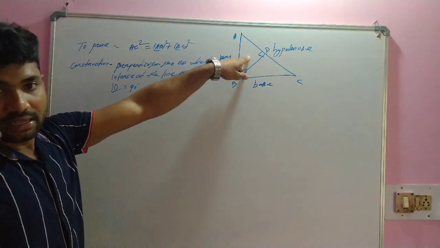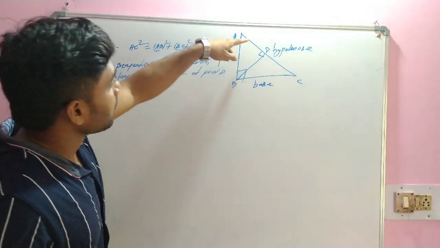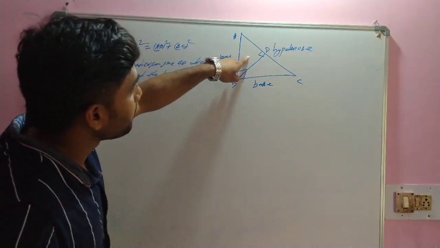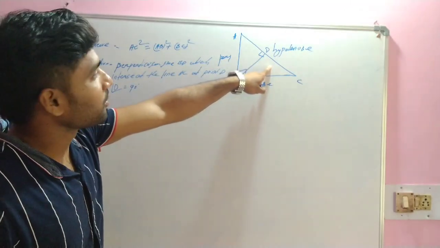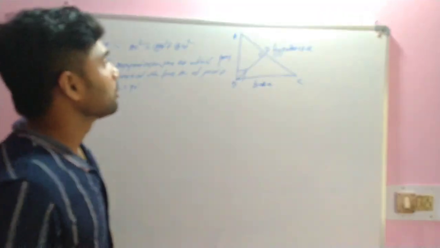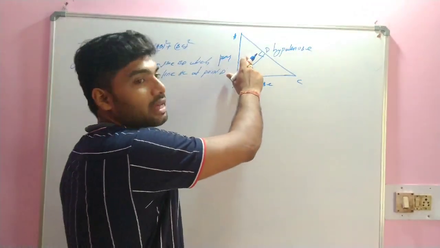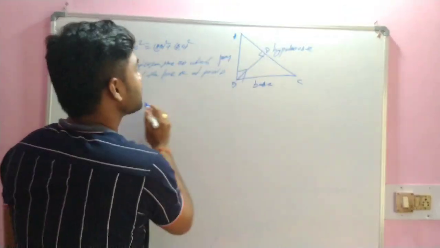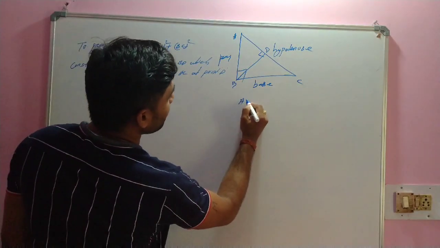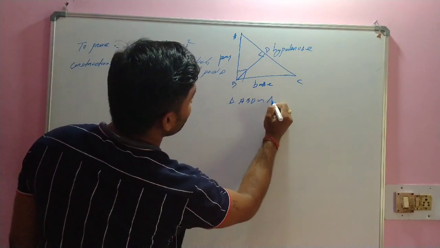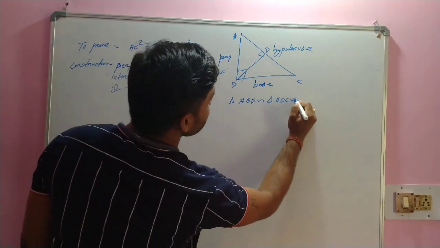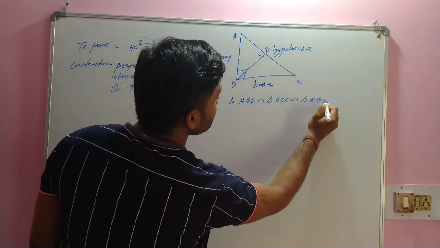Tell me, are ABC, ABD and BDC right angle triangles or not? So this is called similarity. We can say triangle ABD is similar to triangle BDC, which is similar to triangle ABC.